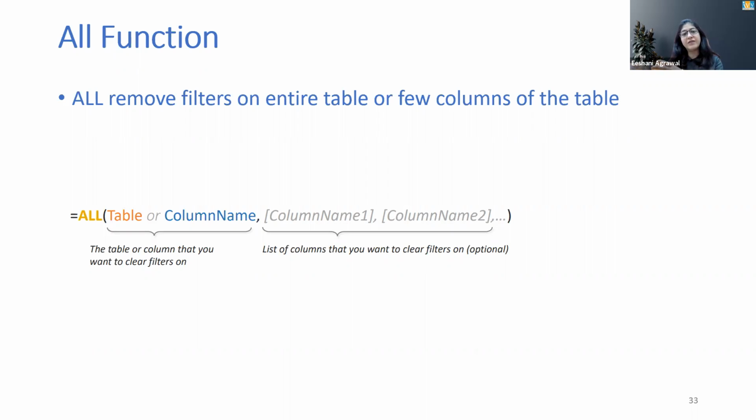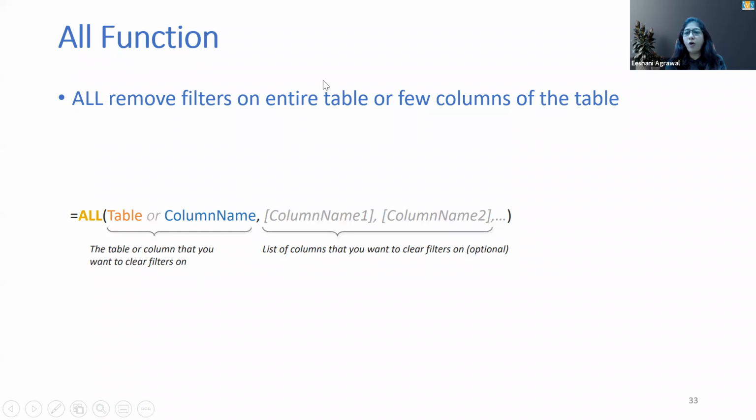So typically these functions are used inside some kind of calculation. It could be a SUMX or a CALCULATE, where you use some function on it so that it returns a single value again.